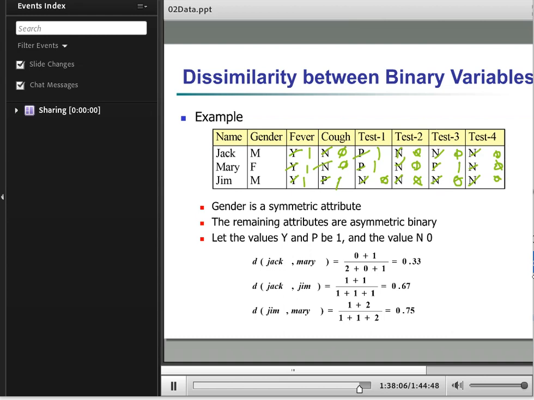For example, gender or sex is a symmetric attribute. It means that if I choose someone, with 50% the selected human is a man, and with 50% is a woman.